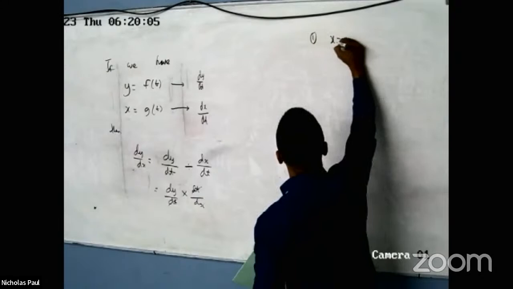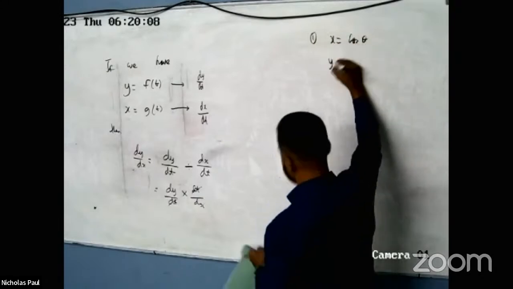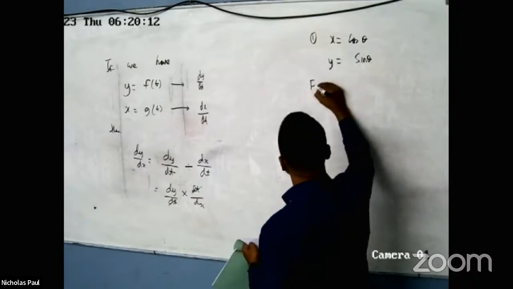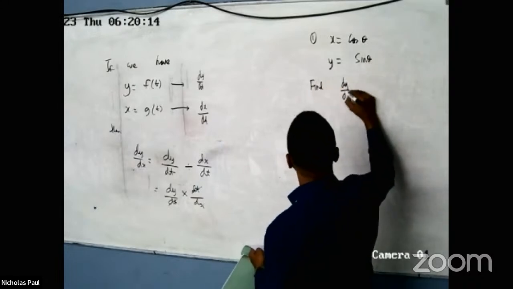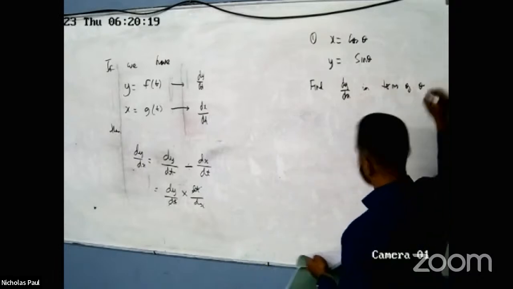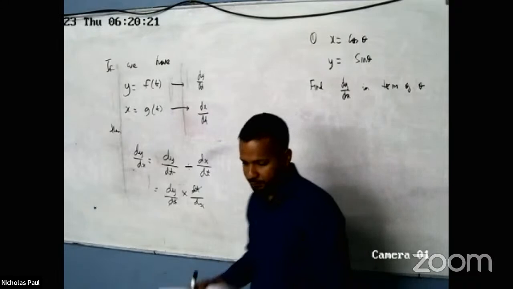Let's try an easy one. x is equal to cos theta, y is equal to sin theta. Find dy/dx in terms of theta. Try that fast.